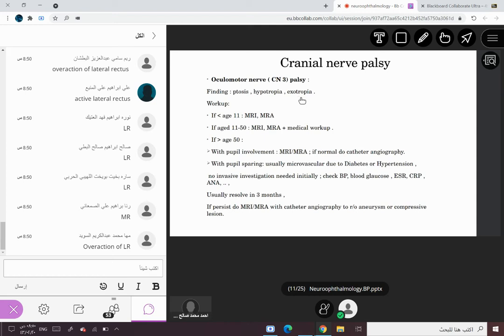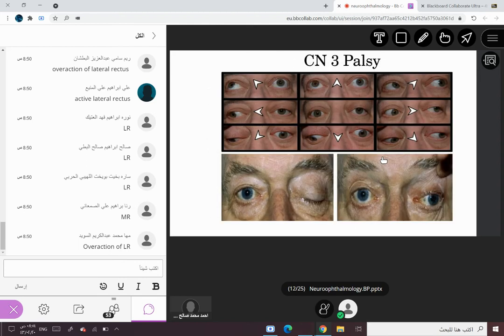So let's go to the example. This is a common example which I always bring. Let's take the example at the bottom of the slide. This patient came to the clinic. He's 70 years old, diabetic, hypertensive.